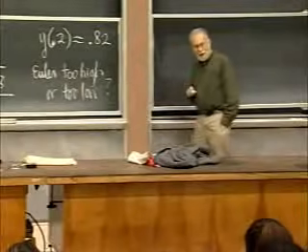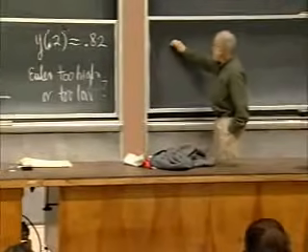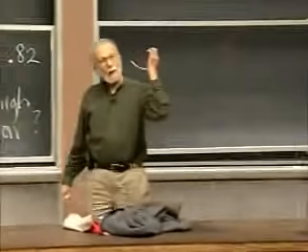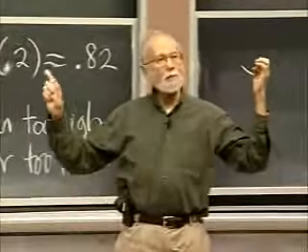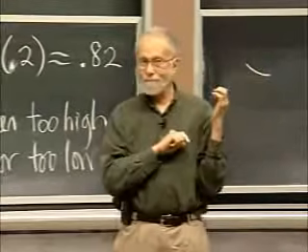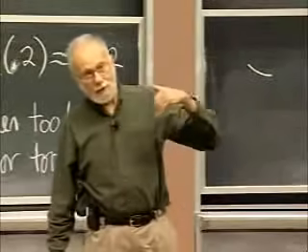And how will we answer that question? Well, let's answer it geometrically. If the solution were a straight line, then the Euler method would be exactly right all the time. But it's not a line, it's a curve.